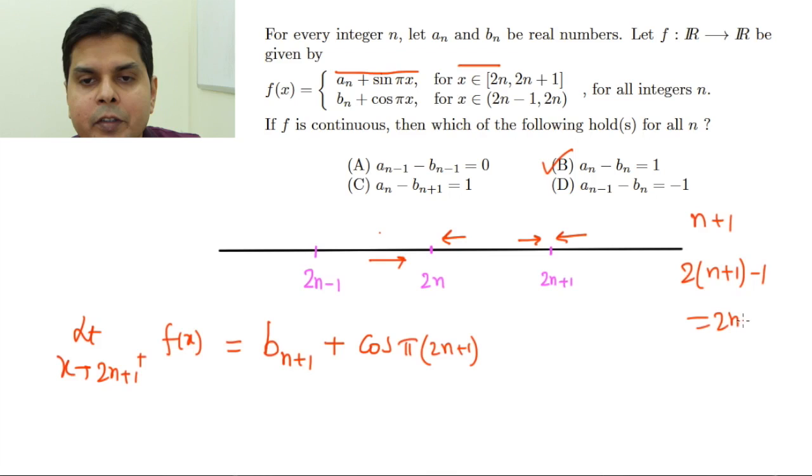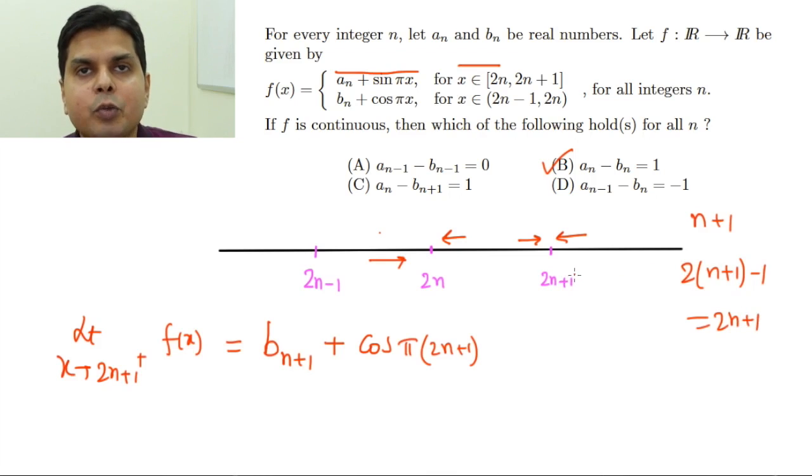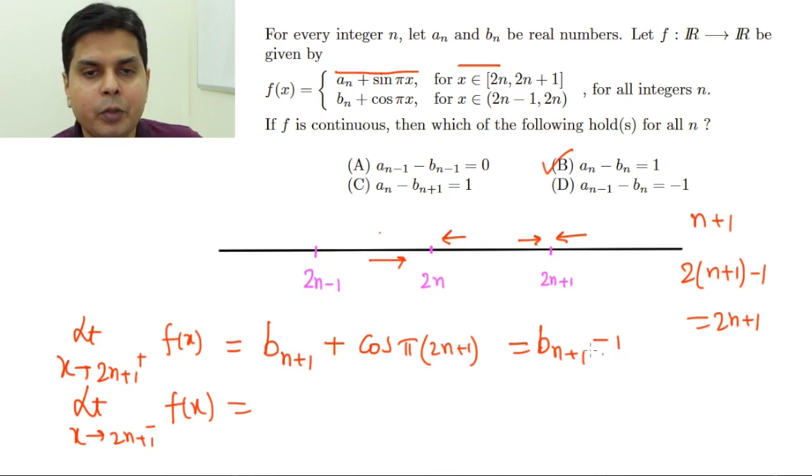This is 2n plus 1. So basically I have increased my index by 1. Once I increase my index by 1, I will move from this 2n minus 1 to this 2n plus 1. Okay, so this is the right hand limit at this point 2n plus 1.